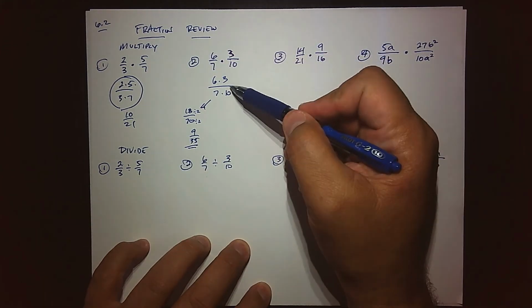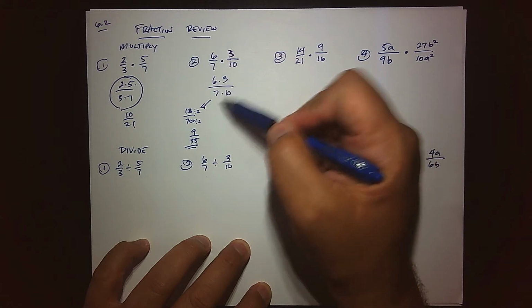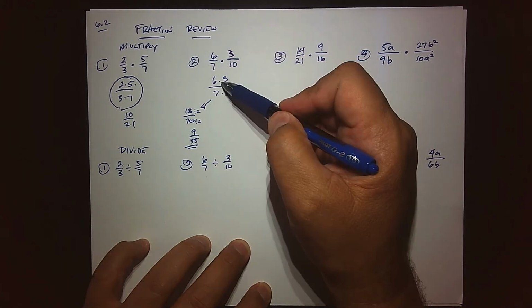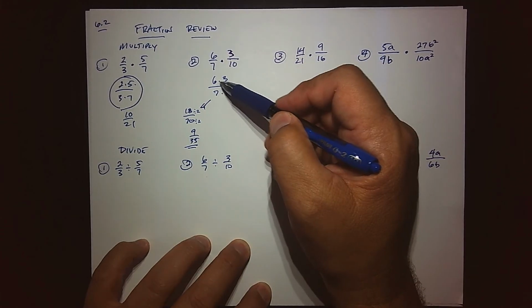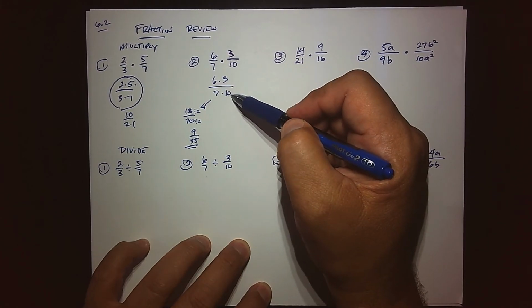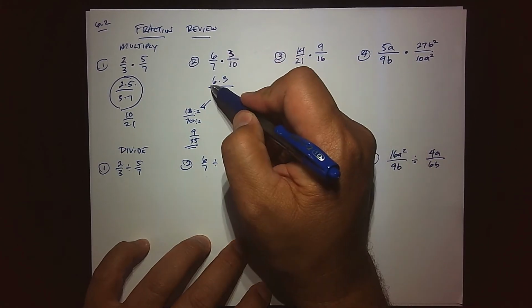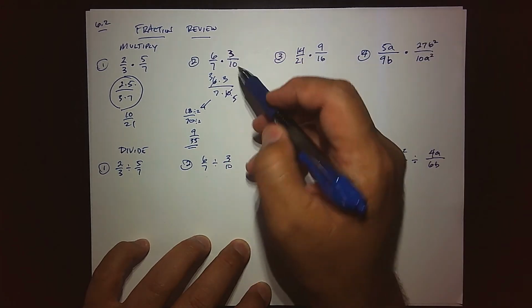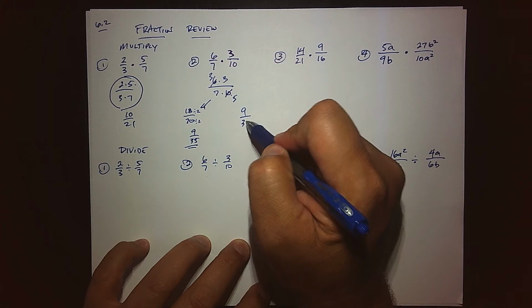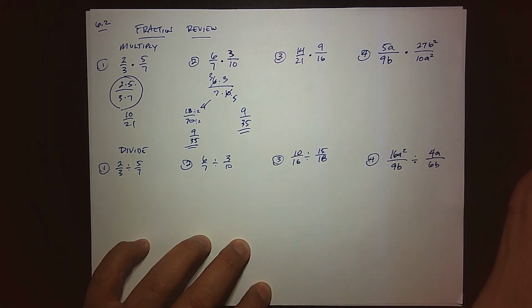As opposed to right here, you can probably see those common factors a little easier. Again, the multiplication is just top to top, bottom to bottom, but at this stage, I can see that 6 and 10 do share a common factor of 2. So if I divide 2 into here, we get 3, and if I divide 2 into there, I get 5. Finishing the multiplication, we would get the same answer of 9 over 35.